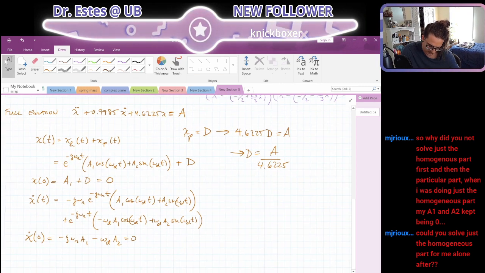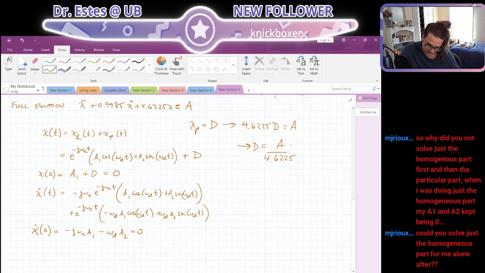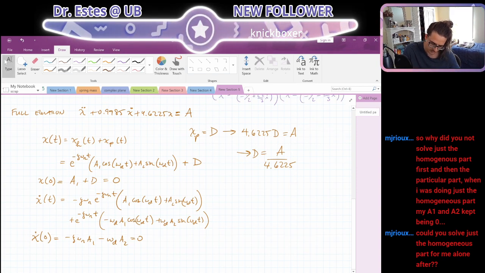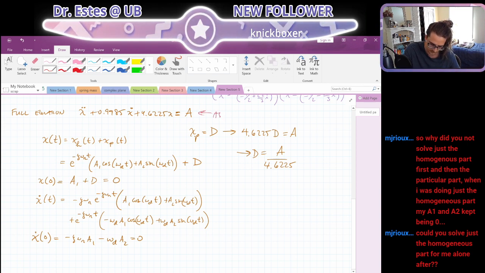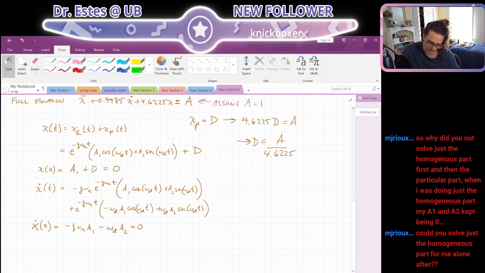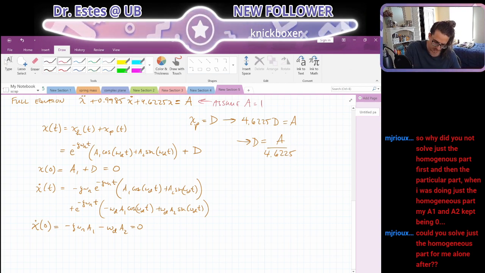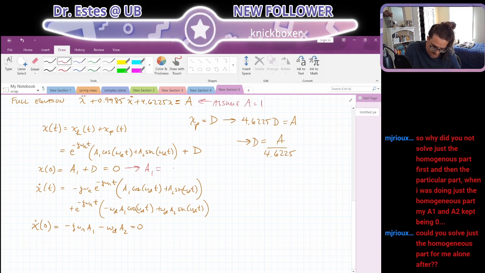Let's assume that a equals 1, like it was a unit step. Okay, so that'll give us d. So we'll assume that d is known. So a1 is going to be minus d.